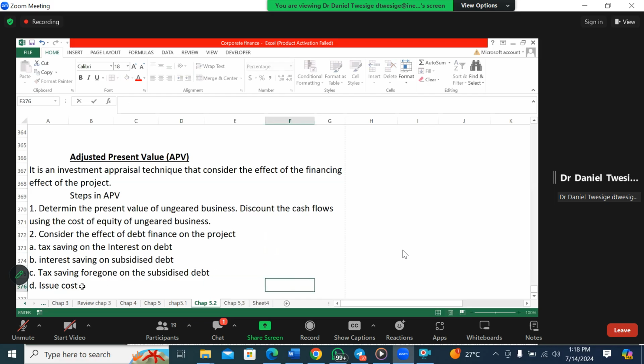So I said each cost can have tax or may not have tax. If the issue cost attracts tax, the tax should be recognized as a benefit.